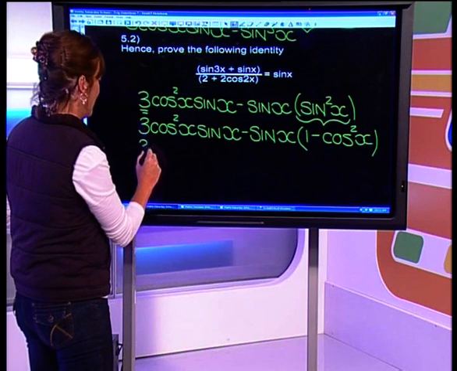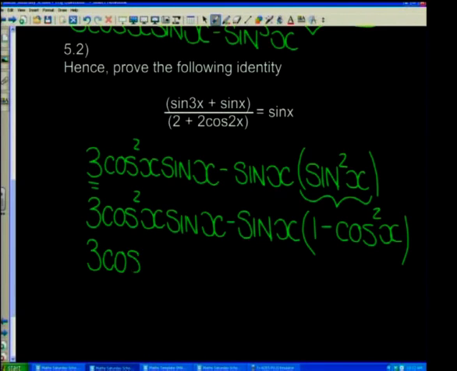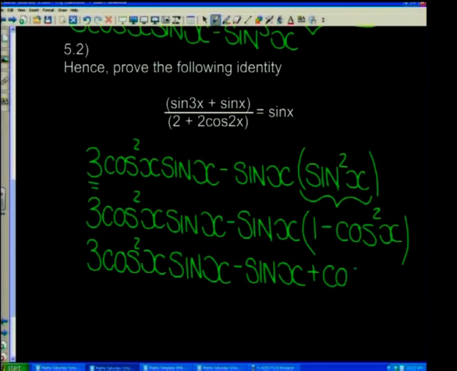Okay, so 3 cos squared x sine x is staying as it is for now. We're going to distribute into the bracket, so therefore sine x multiplied by 1 is going to just stay sine x, and negative sine x times by negative cos squared x is going to be positive cos squared x sine x.